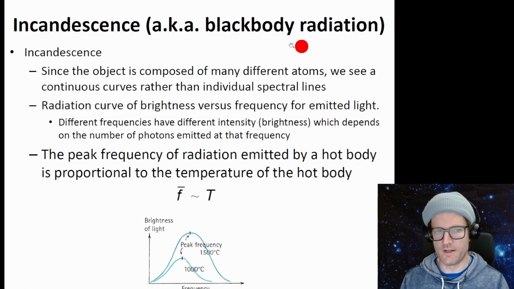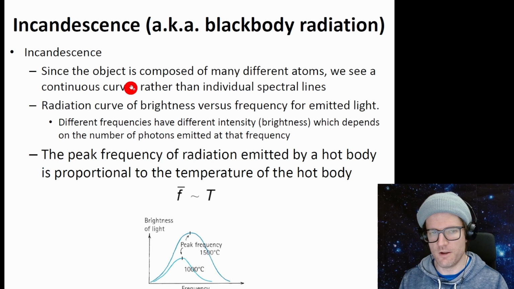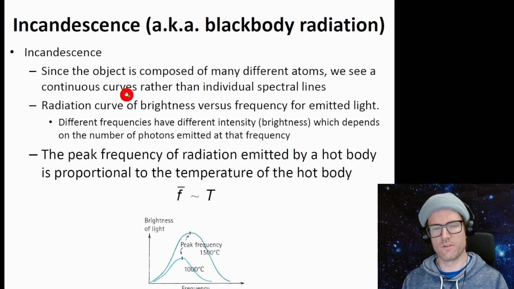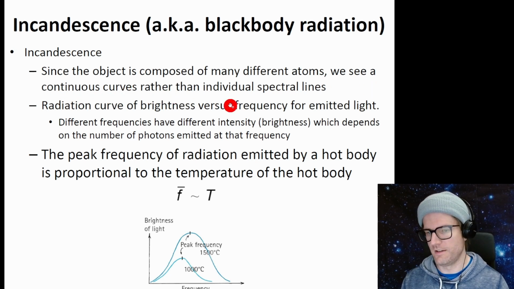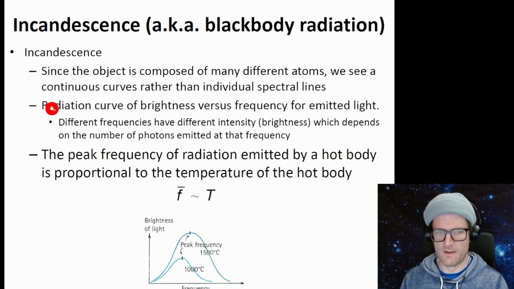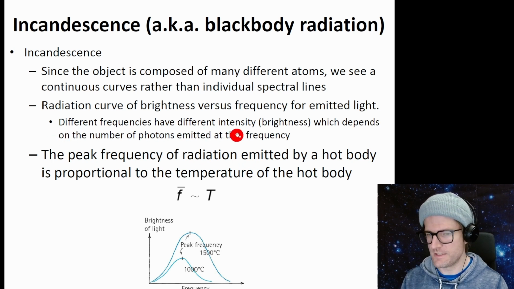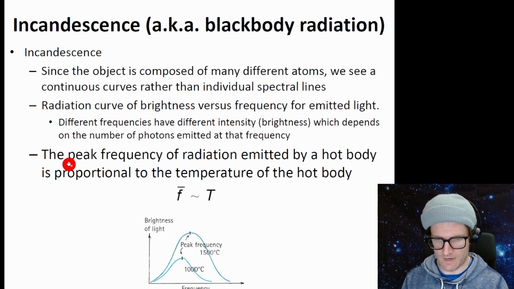Incandescence, black body radiation. So this is incandescence. Since the object is composed of many different atoms, we see a continuous curve rather than individual spectral lines. So, radiation curve of brightness versus frequency for emitted light. Different frequencies have different intensity, which depends on the number of photons emitted at that frequency.